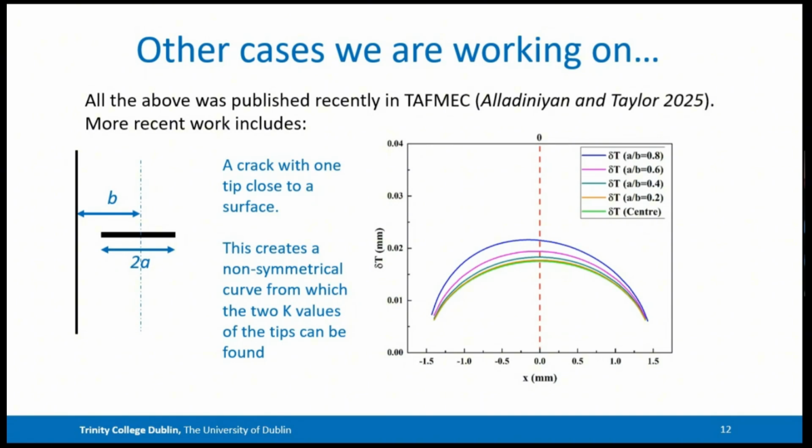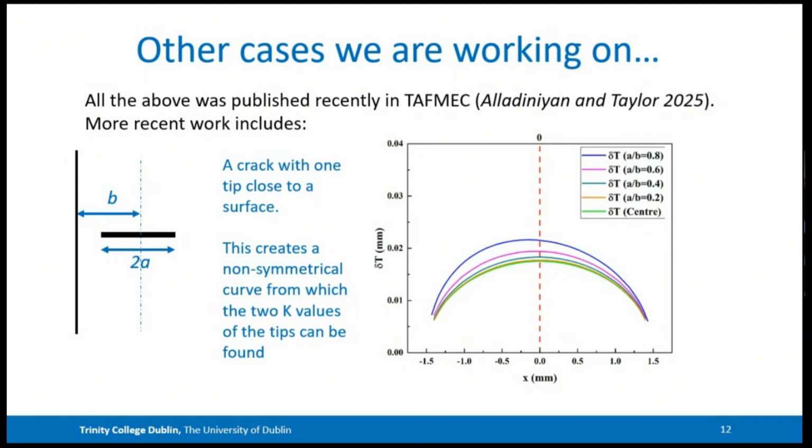of loading, etc. So here's an interesting one where you have a crack, but the crack is inside the body, but it's quite close to an interface, to a surface. So now, of course, the crack tip on the left will have a higher stress intensity than the crack tip on the right as that crack grows closer to the surface.